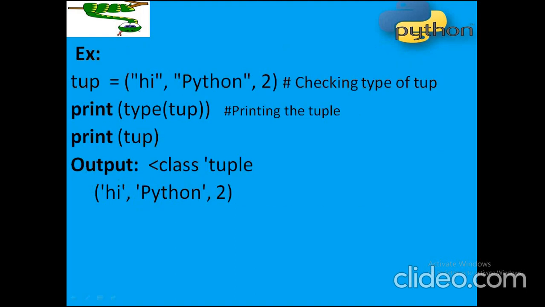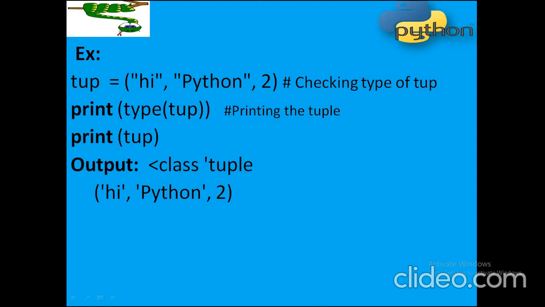For this we have an example, the variable type here given, the strings hi and Python. Here two strings are separated by a comma and one integer is again separated with a comma. Here we have a mix of data types, and to check its type we use print type, the variable type.